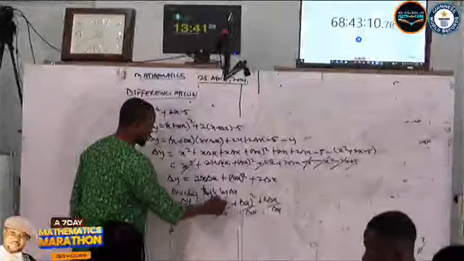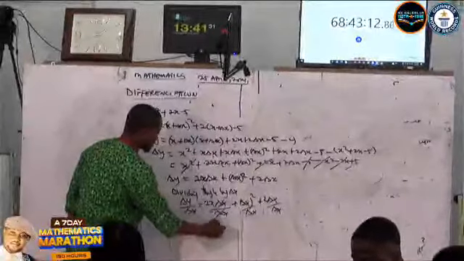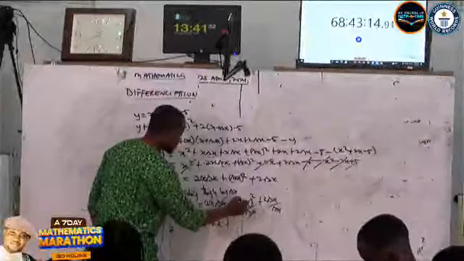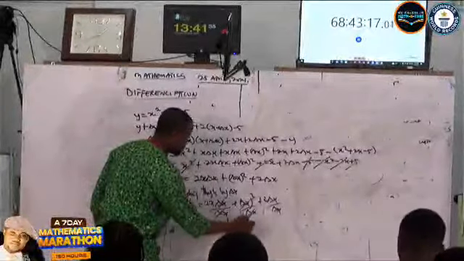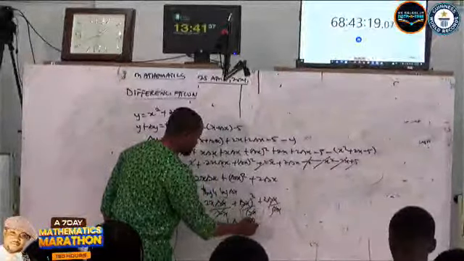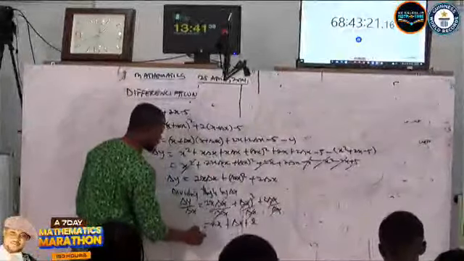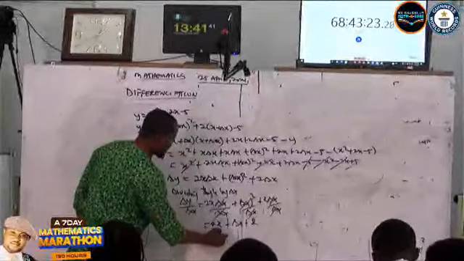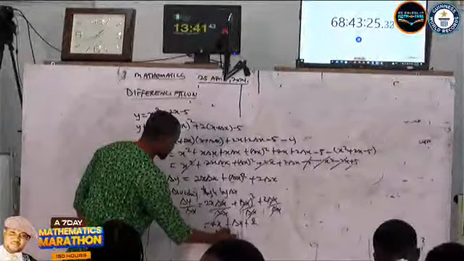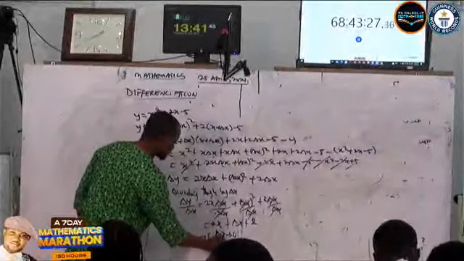So this cancels out this, that will be 2x plus change in x plus 2. You are left with change in x.